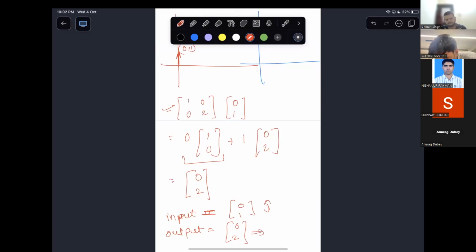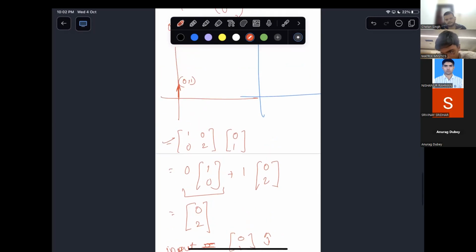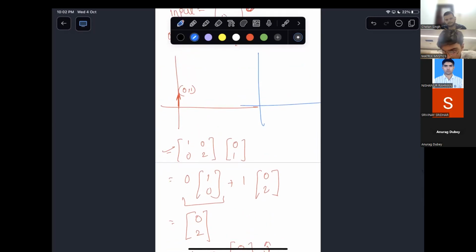So this corresponds to 2 j cap in the blue coordinate system, like this vector in red coordinates corresponds to this vector in blue coordinates.